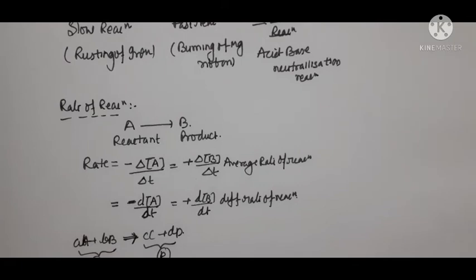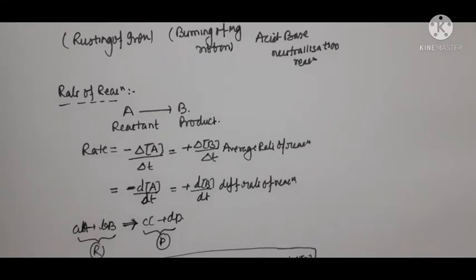So the rate will be minus del A by del T equal to plus del B by del T. Such type of rate is found in case of a large difference of time as well as in the concentration value, so it is known as average rate of reaction.